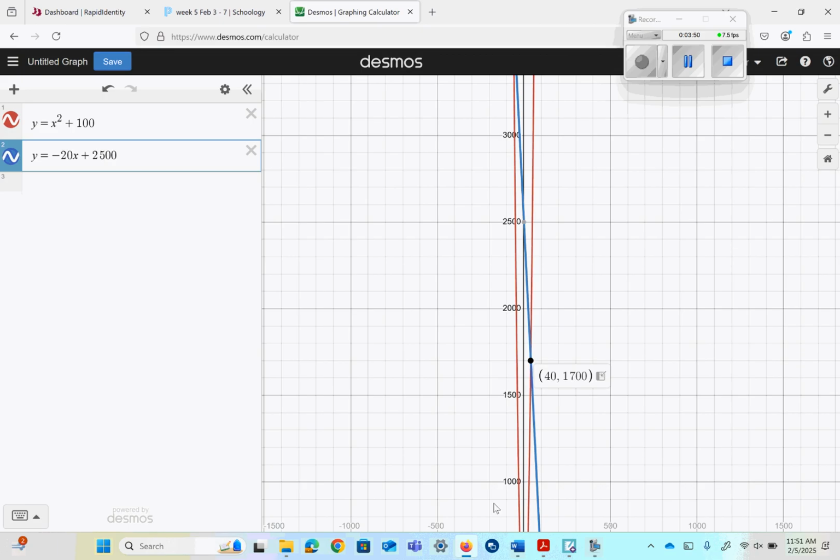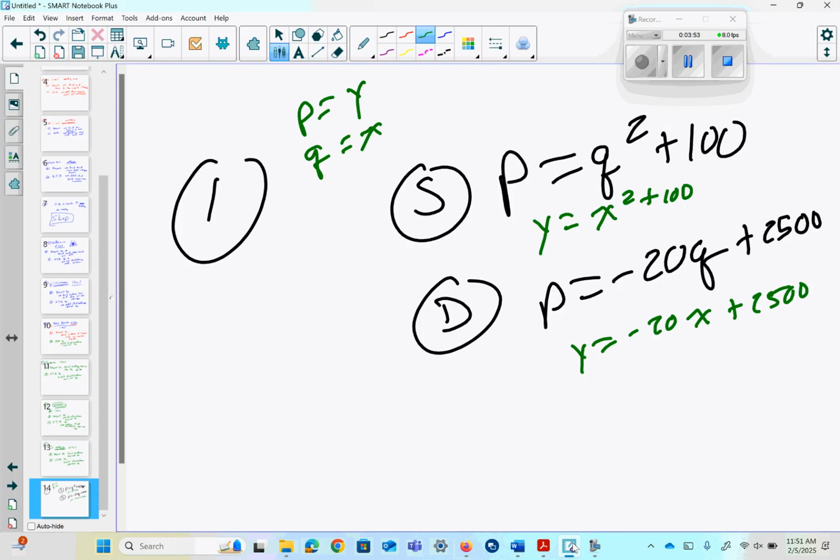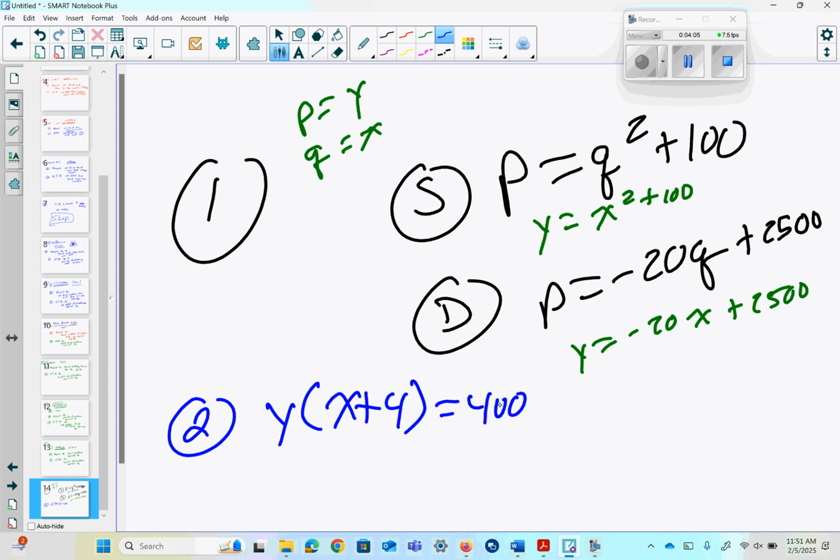Okay, so this is kind of nice how this one's set up, because Desmos will handle it no problem. So we said P is Y, Q is X, and then they told us that we have 2Y minus X minus 38 equals 0.